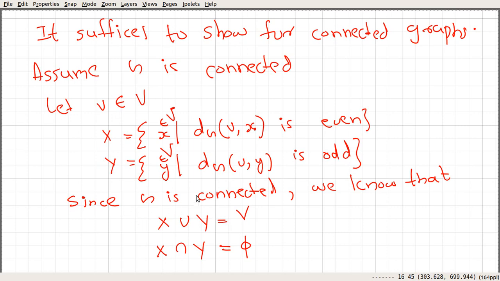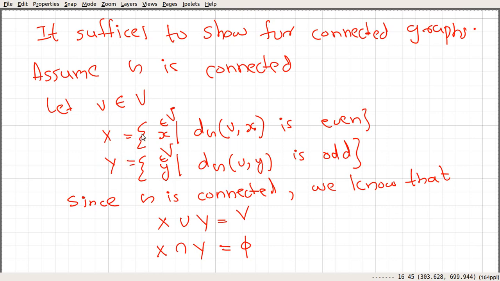Since G is connected, X union Y must be equal to V, and the distance between a particular vertex and another vertex cannot be both even and odd. Either it will be even or odd, and because of that reason, the intersection must be empty. So we have a partition on the vertex set.